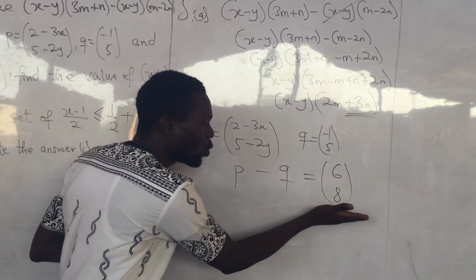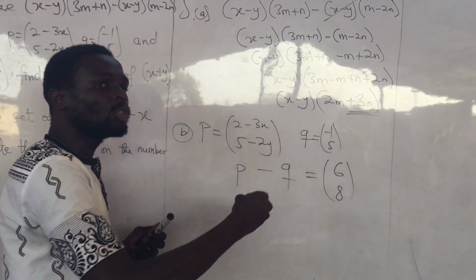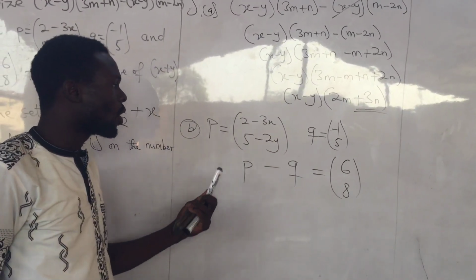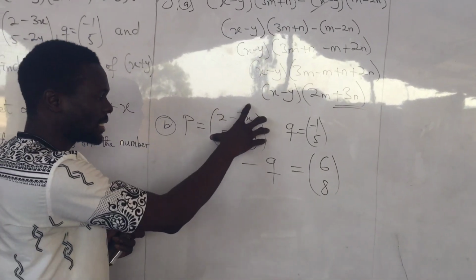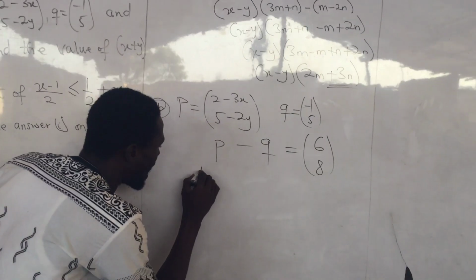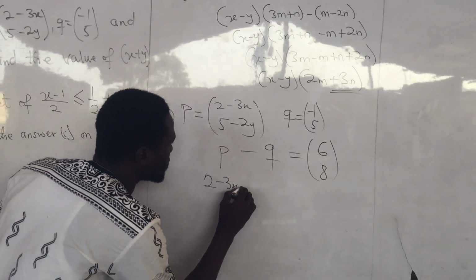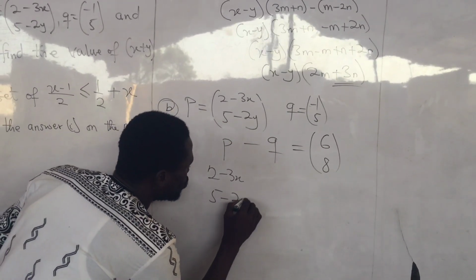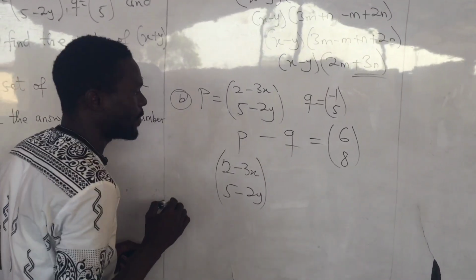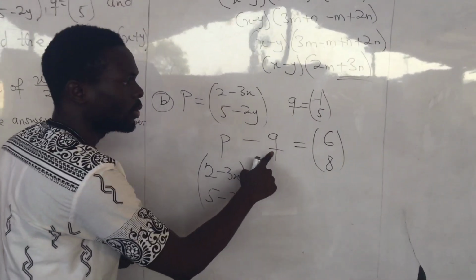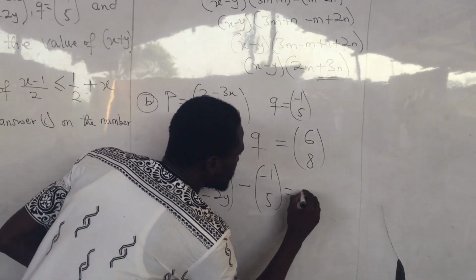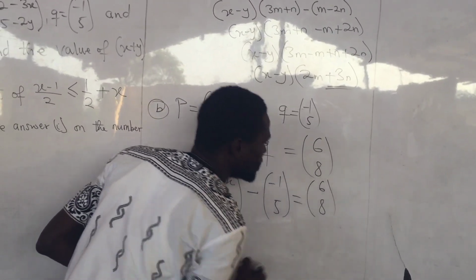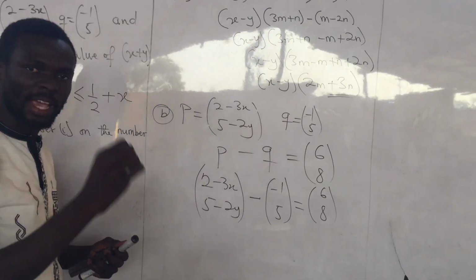So with this equation, we will be able to solve for x and y. So p has been given as this. So we are going to write the p as 2 minus 3x, 5 minus 2y as a vector, minus q. Q has been given as negative 1, 5, which is equal to 6, 8, which is equality of vectors.